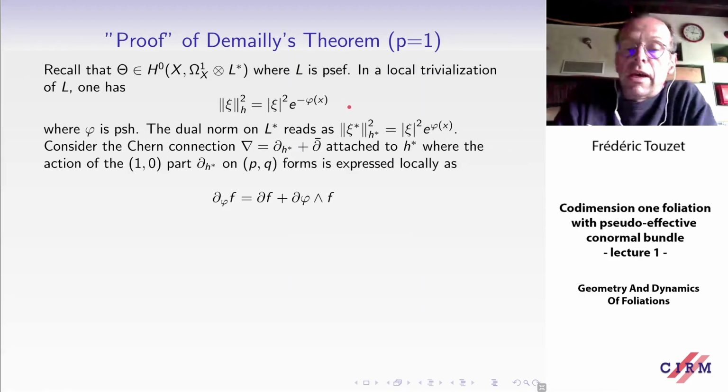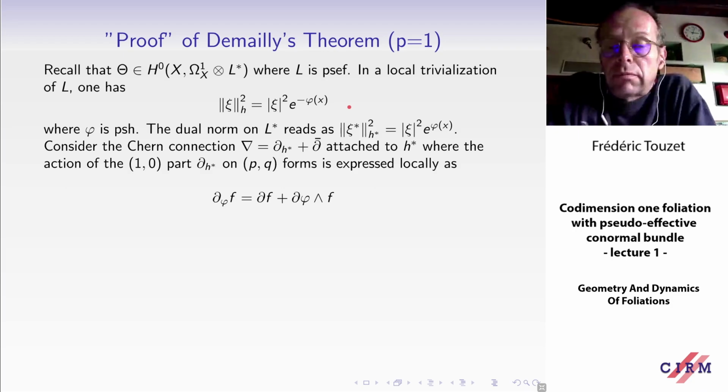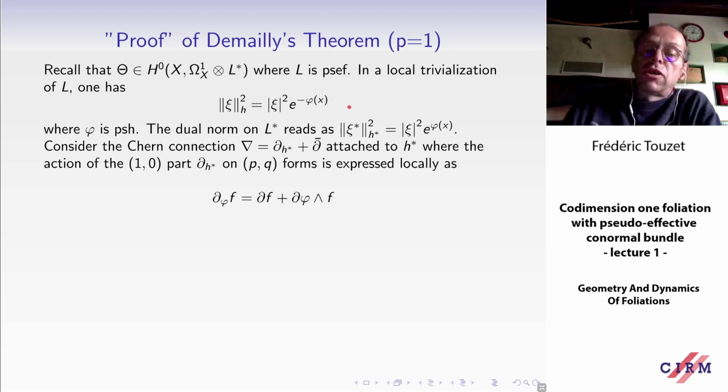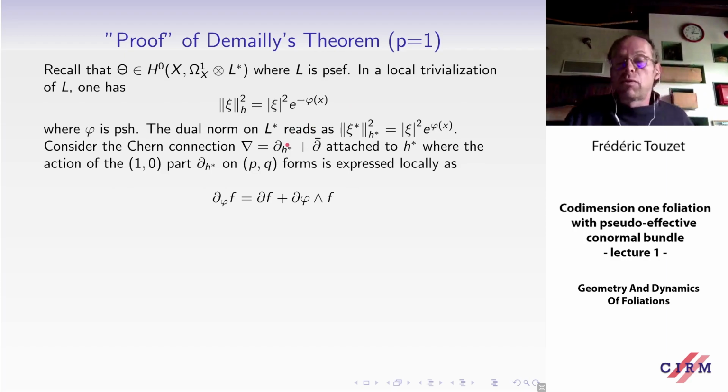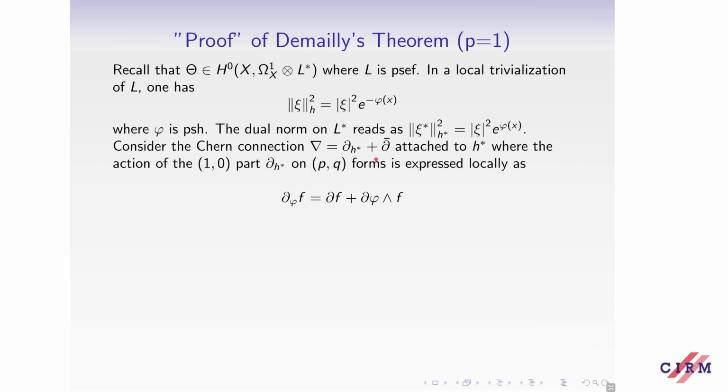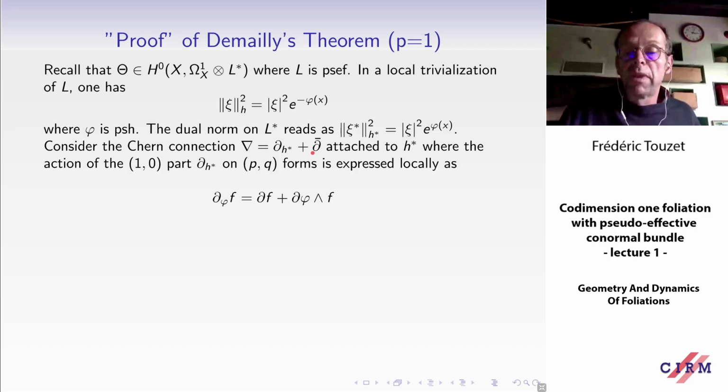So as every bundle equipped with a metric, we have a Chern connection attached to H star, and L star. And this Chern connection decomposes as a 1-0 part, D_H star, and the 0-1 part, compatible with the complex structure, the usual d bar.